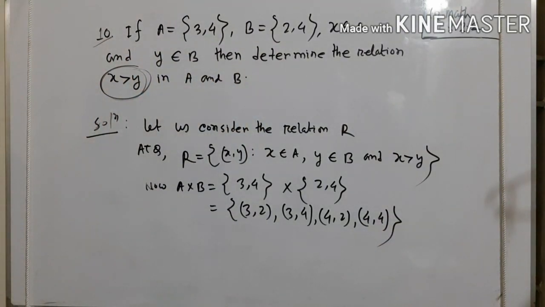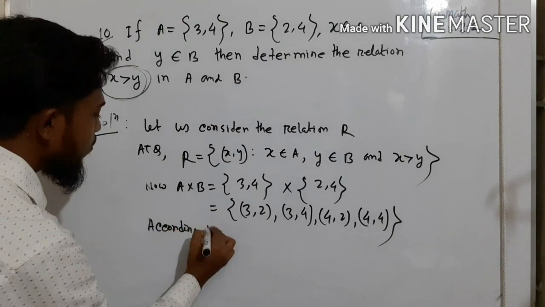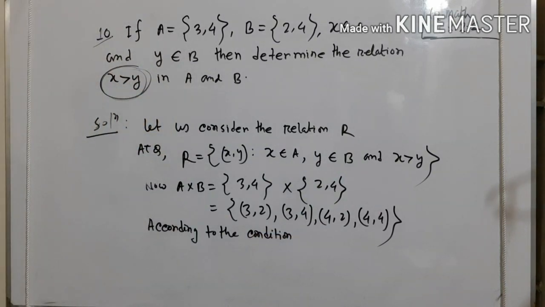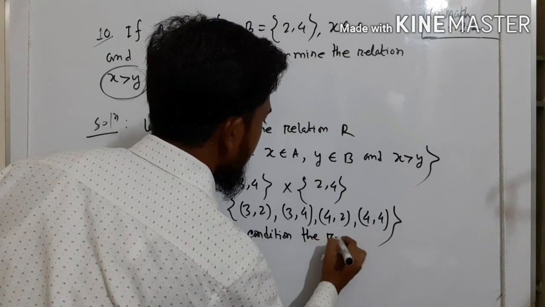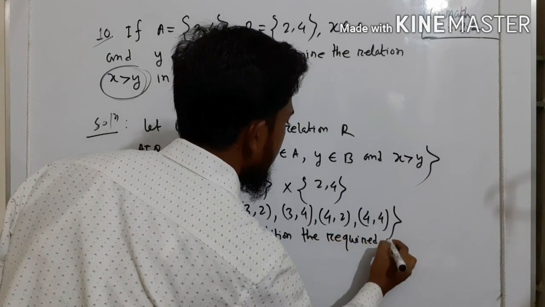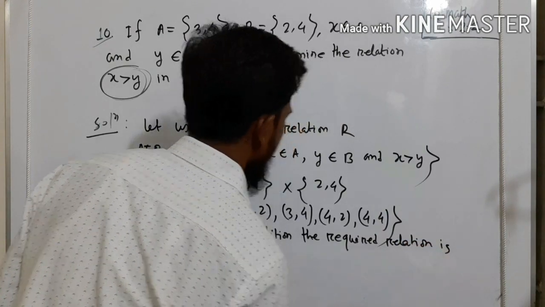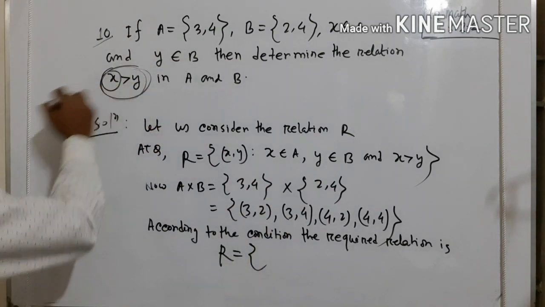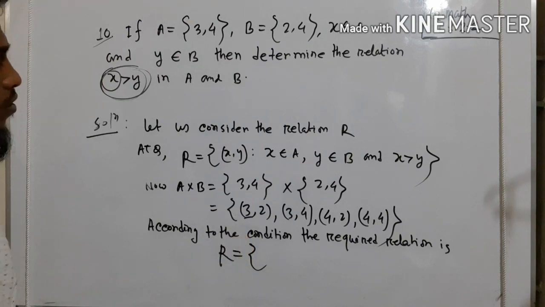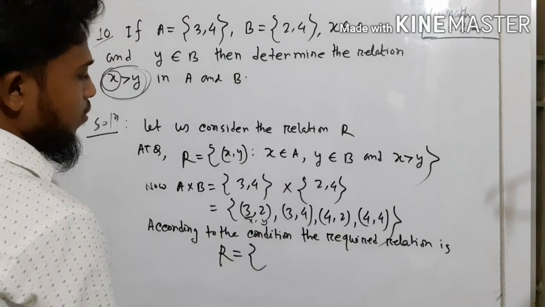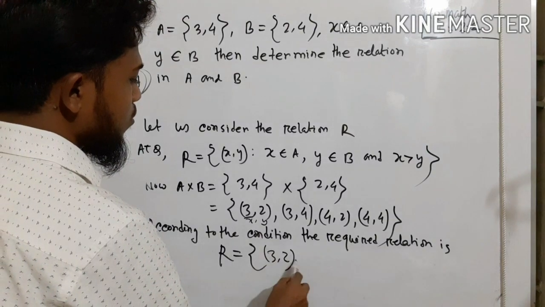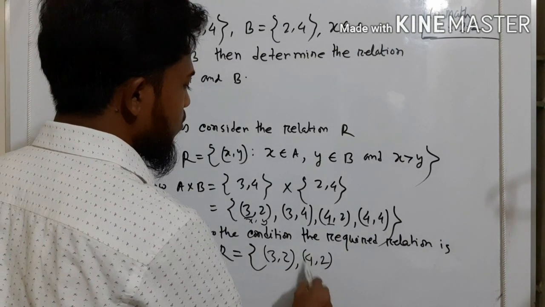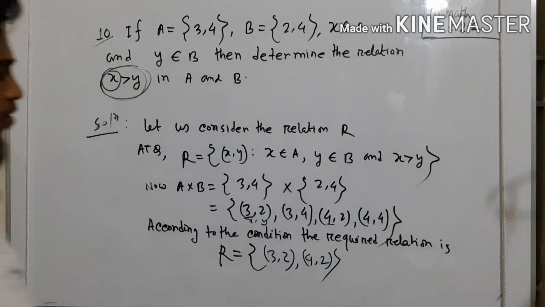So according to the condition, the required relation is R equals, here x is greater than y, so (3, 2), x is greater than y, and (4, 2), x is greater than y. So this is our answer.